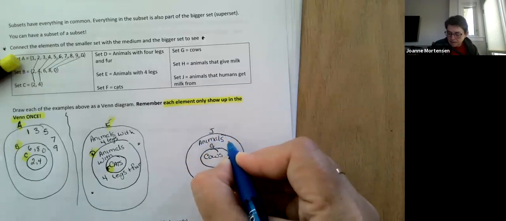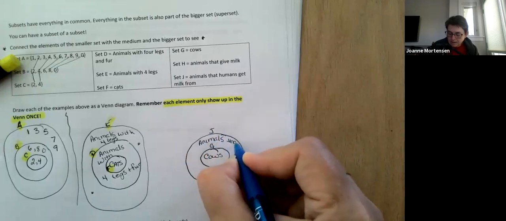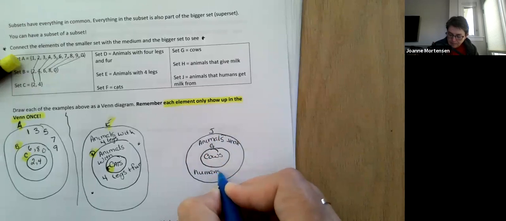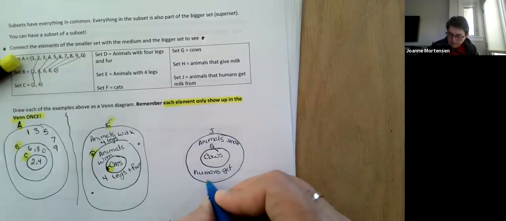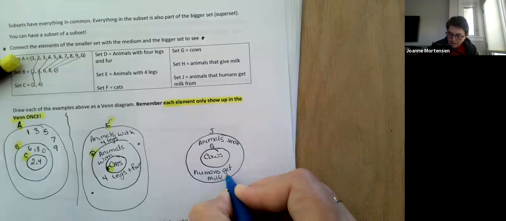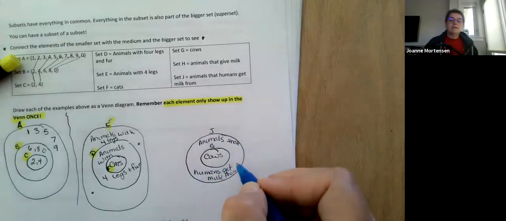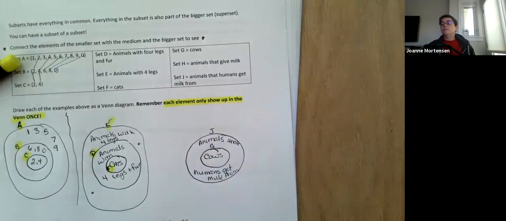Animals, oh, this is so long to write. Animals that humans get milk from. So if cows are there, then in this circle, what other animals do humans get milk from?